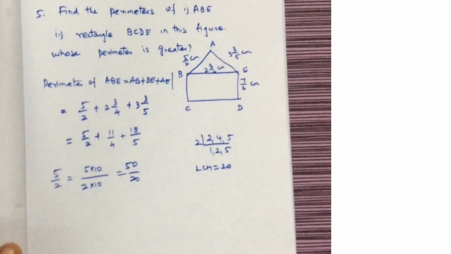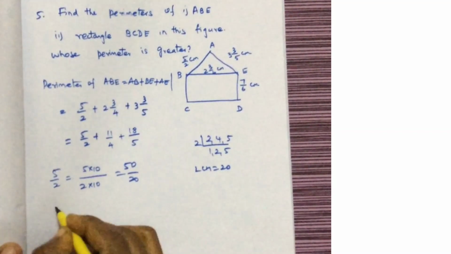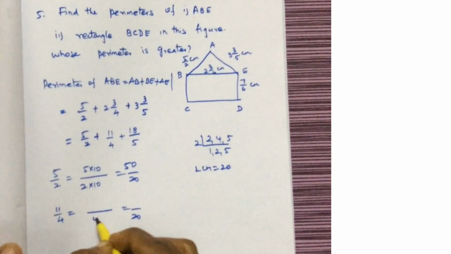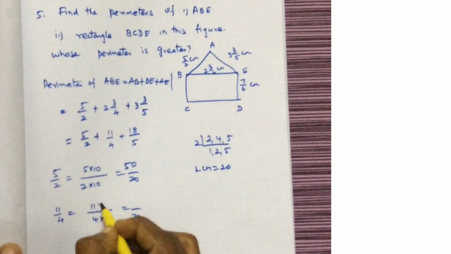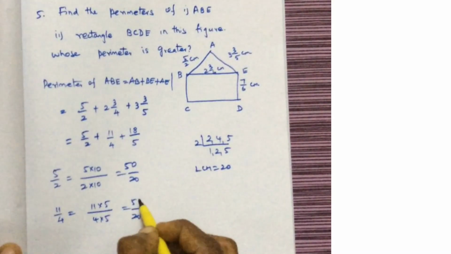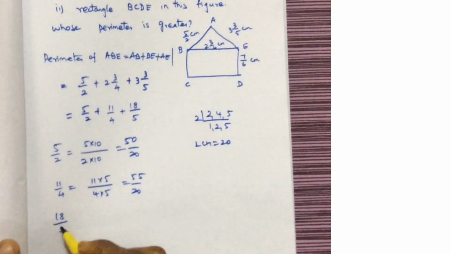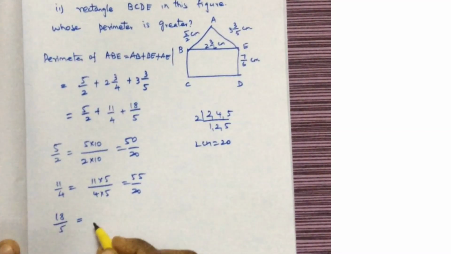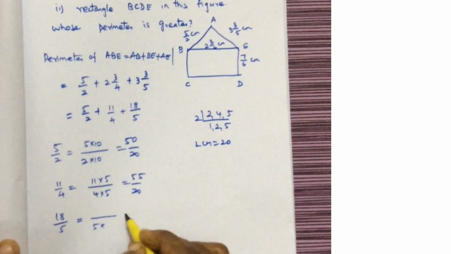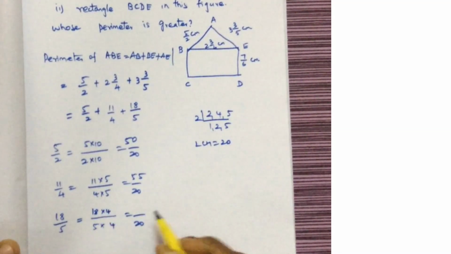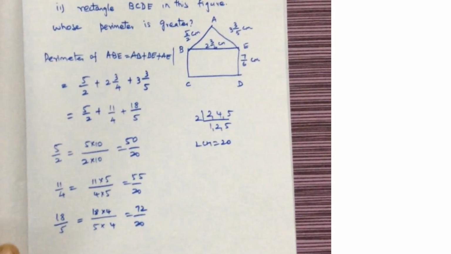The next is 11 by 4, multiplied by 5, the numerator is 55. And the third is 18 by 5, here it is 20, so 18 multiplied by 4 is 72.